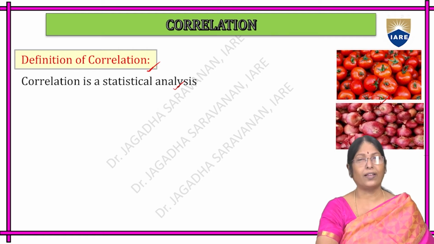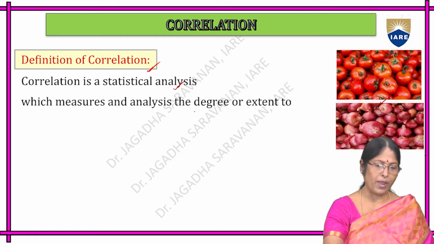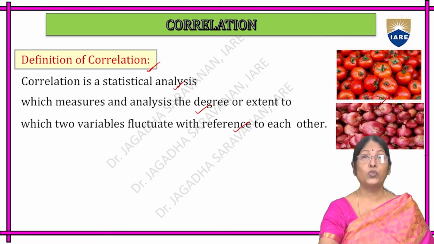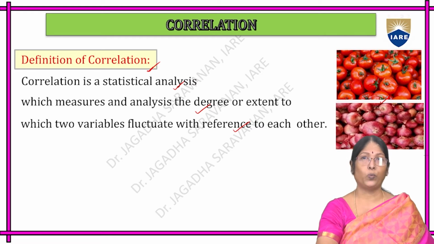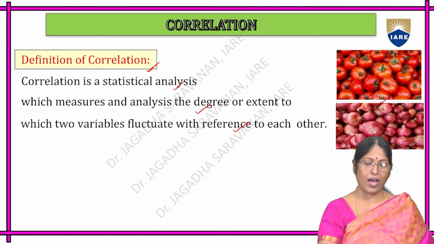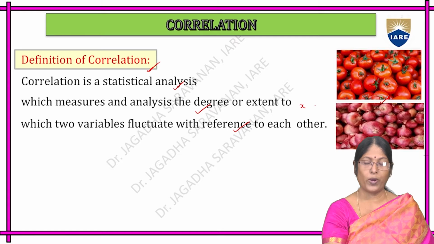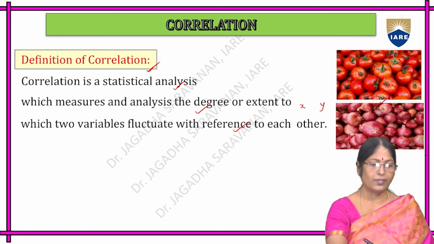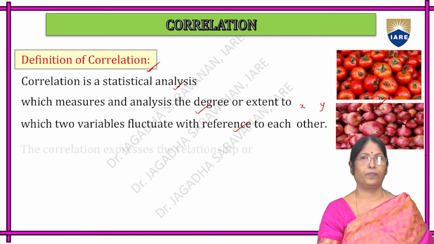It is a statistical analysis which measures and analyzes the degree or extent to which two variables fluctuate with reference to each other. That is, just now I told father and son. Suppose we take the father as the x variable and the son as the y variable. So between these two variables, how they are connected, that is our correlation.